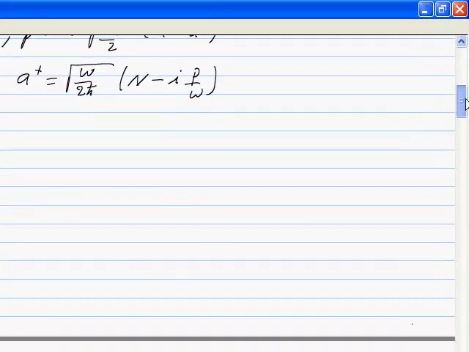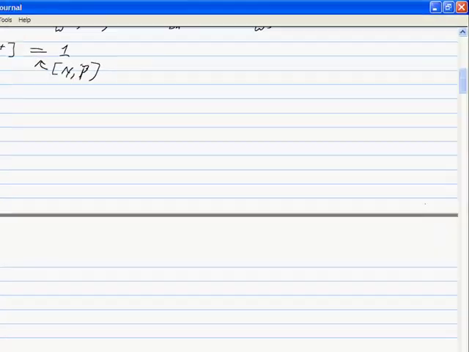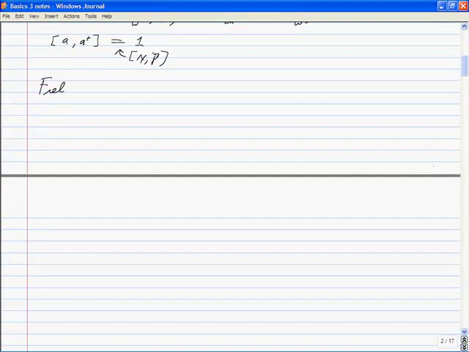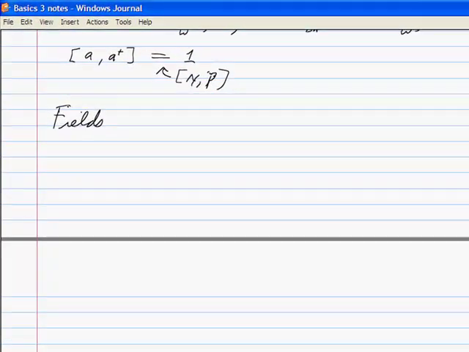I probably won't do too much algebra associated with this, but for fields, let me do it.